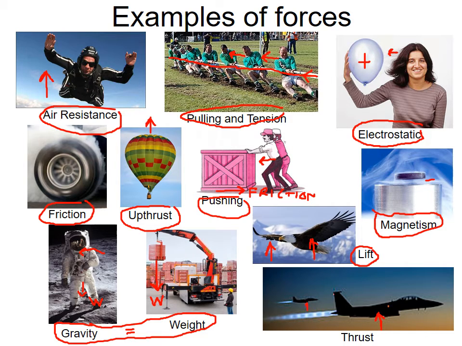There is a lift force. Now, the picture of the jet is showing thrust. So here you can see the jet coming out the back, and that creates a thrust force pushing the aircraft forward. So thrust is forward. Sometimes we call it the driving force.